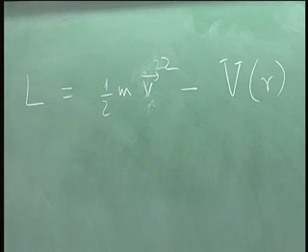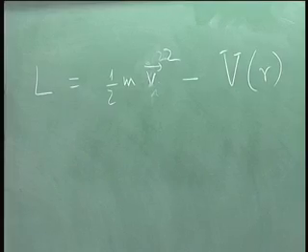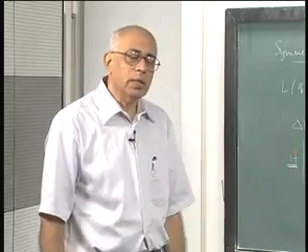It is clear that if I change the origin of coordinates nothing should happen at all. So how do I show that the momentum is conserved as a consequence of this?